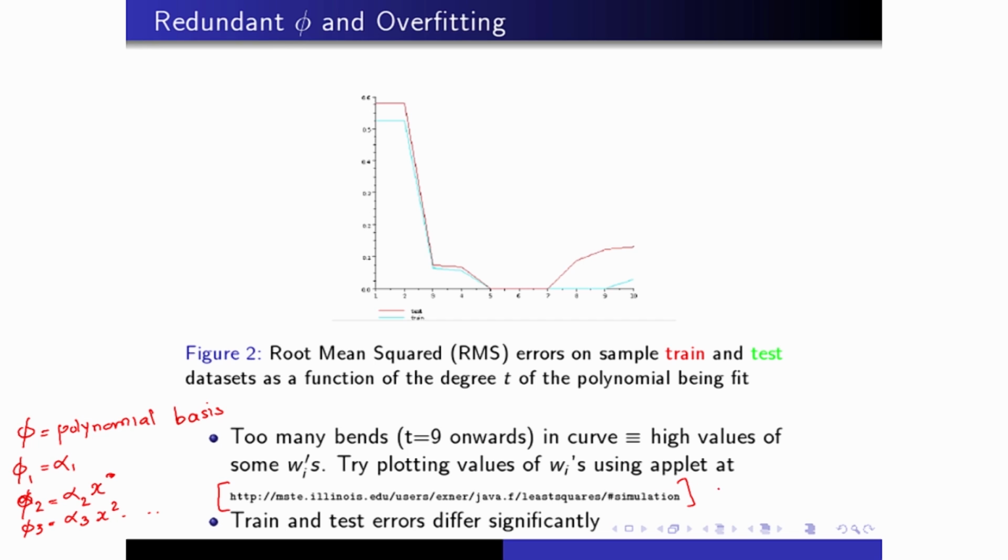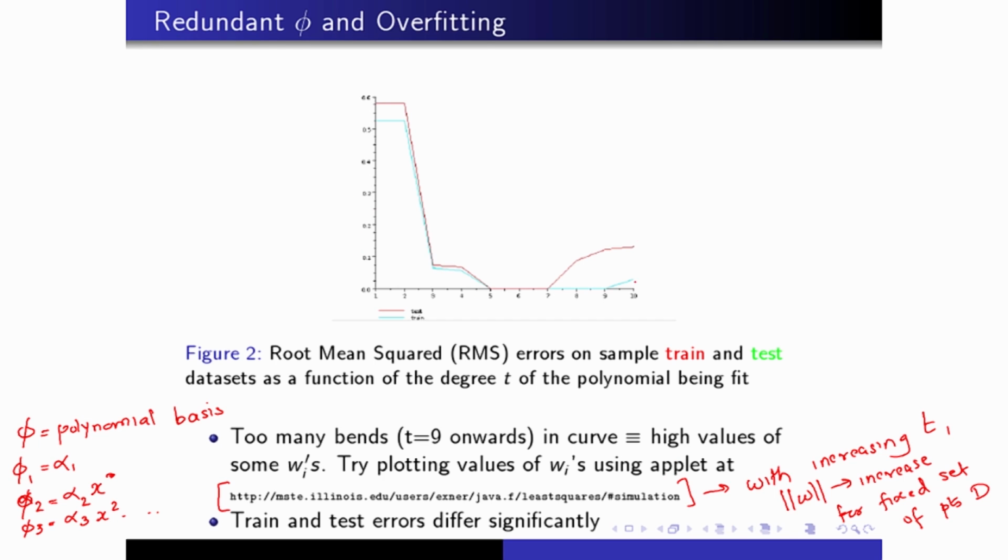and we'll find at this applet that with increasing values of t, the norm of the w tends to increase. This is of course for the same or fixed set of points or data set.